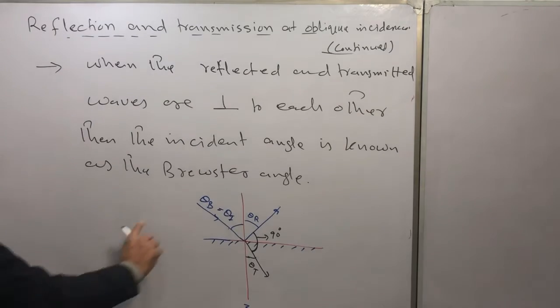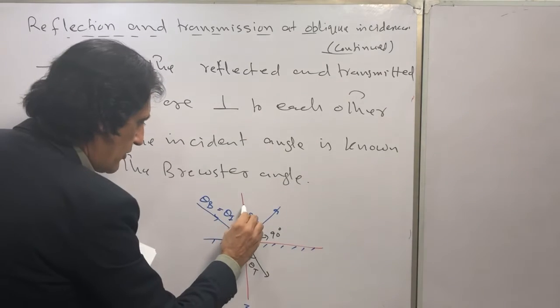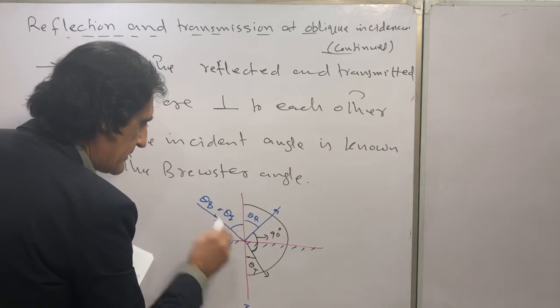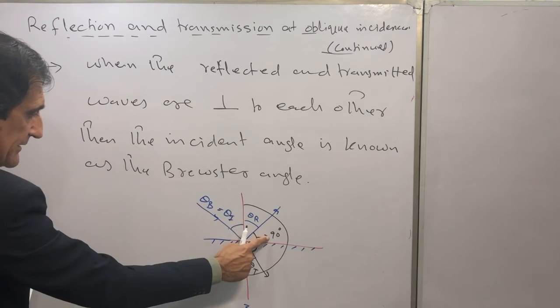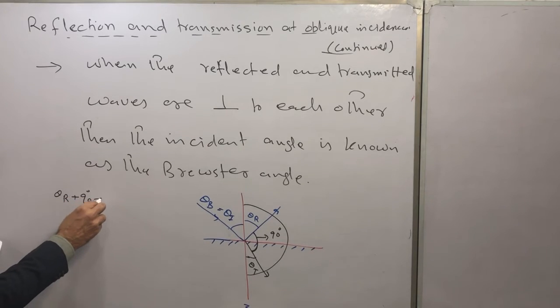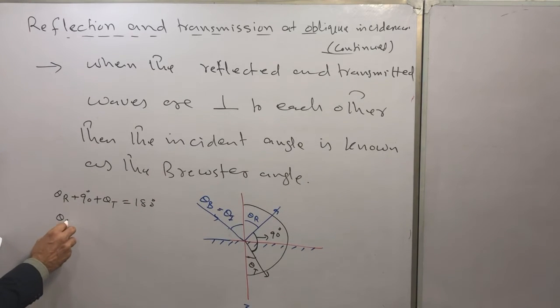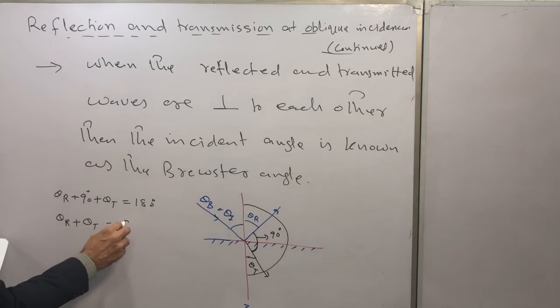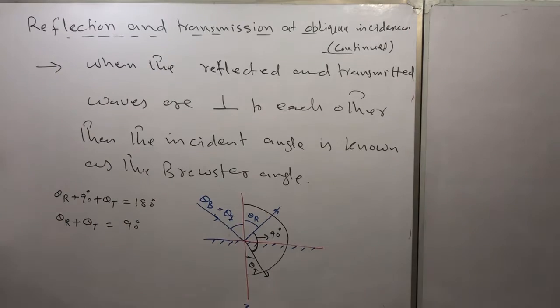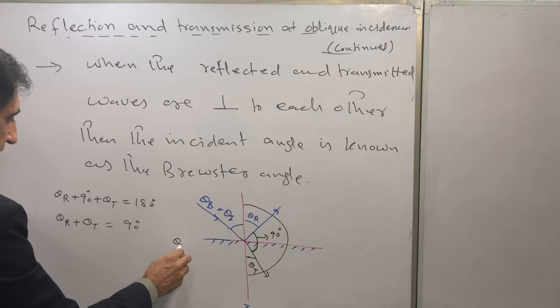From this diagram, we can say that theta r plus 90 degrees plus theta t is equal to 180 degrees. Then theta r plus theta t is equal to 90 degrees, that is 180 minus 90. And here theta r is equal to theta b, because the incident angle is equal to the reflected angle.